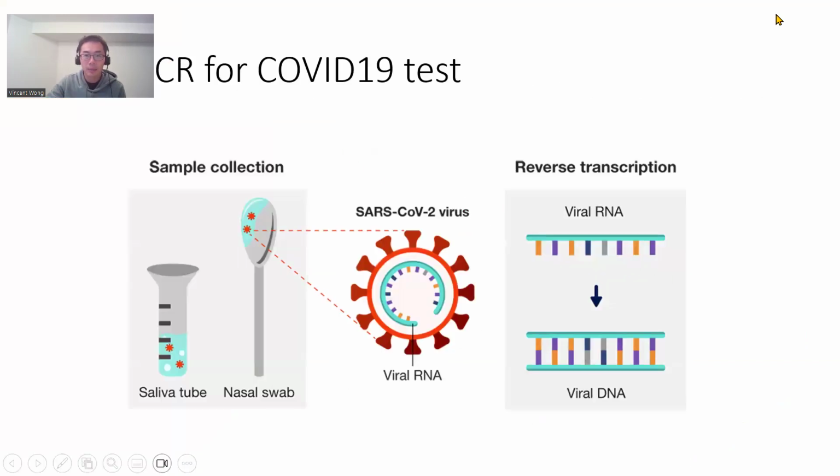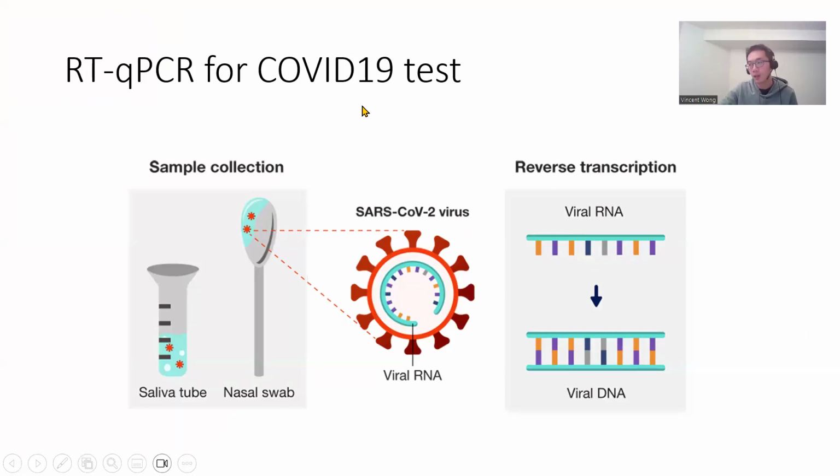Now, PCR, you probably have heard of it during the pandemic, because you can do a PCR test to see if you have COVID or not. The ones that you do at home are called antigen tests. You're testing for proteins in those situations, viral proteins. But the PCR test is testing for viral genetic material.